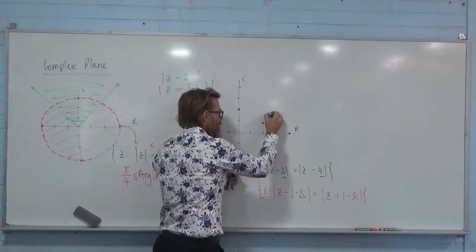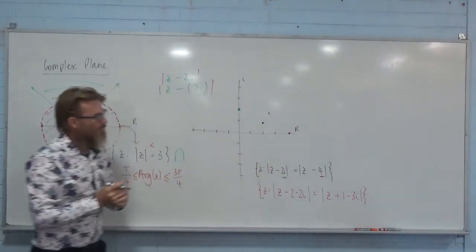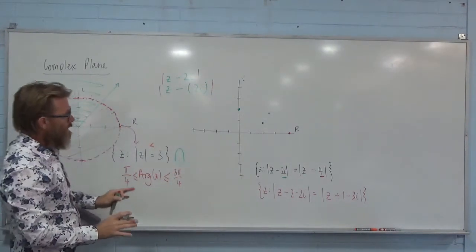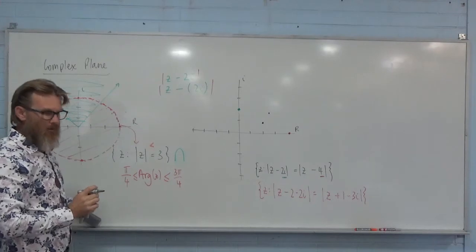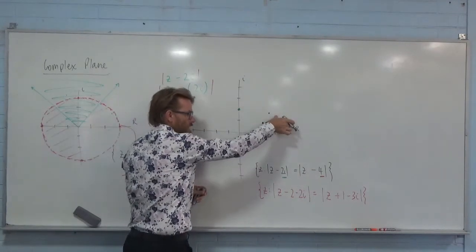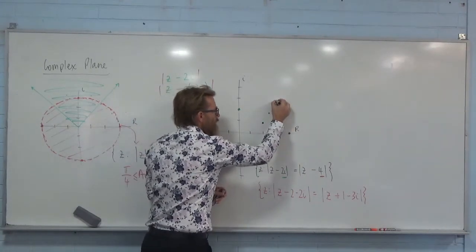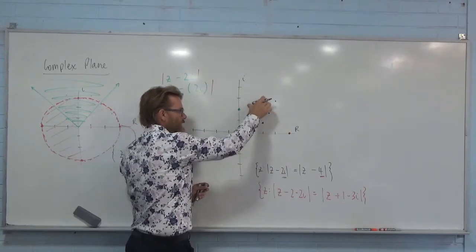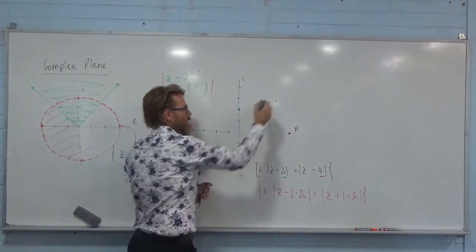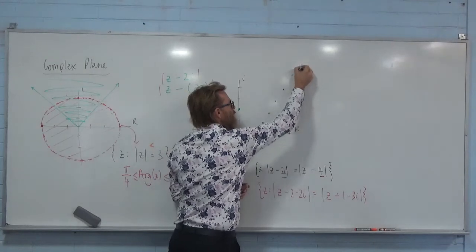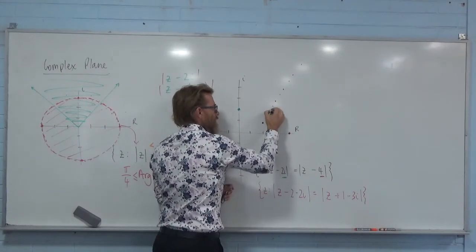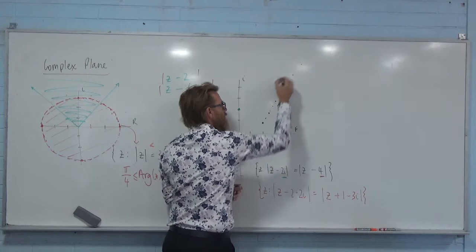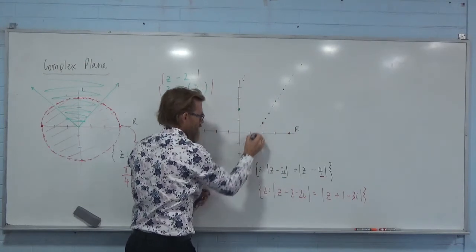Would this point here, again within constraints of my drawing, appear to be equally distant from those two? Yeah. And would this point here also be equally distant? And would this point here? Can you see how, if I choose all these points, what am I forming? A line.